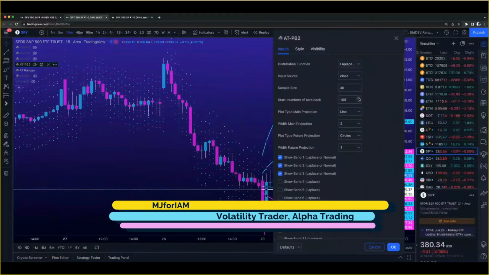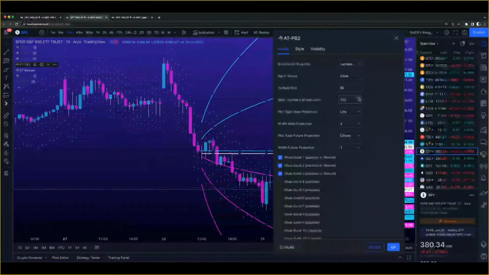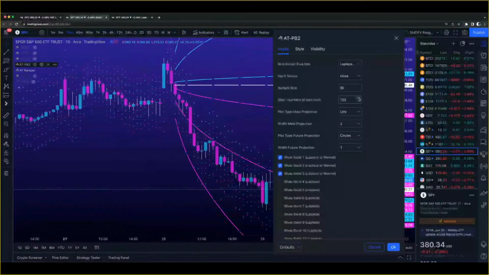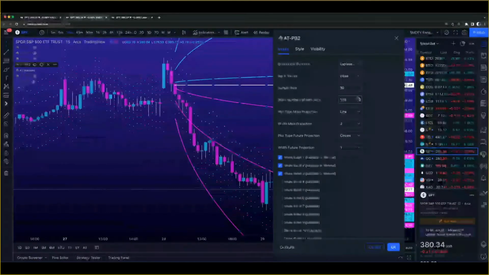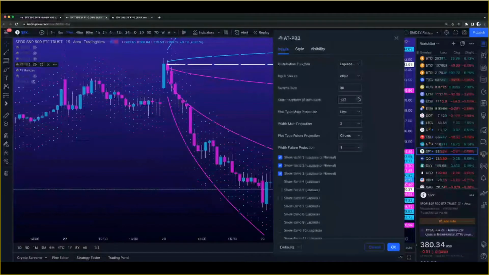You want to see, are we going back to the mean? Are we going back to a second or third standard deviation? You're at the end of that move, so you want to project where the future is possibly going to be. So that's the point of it.